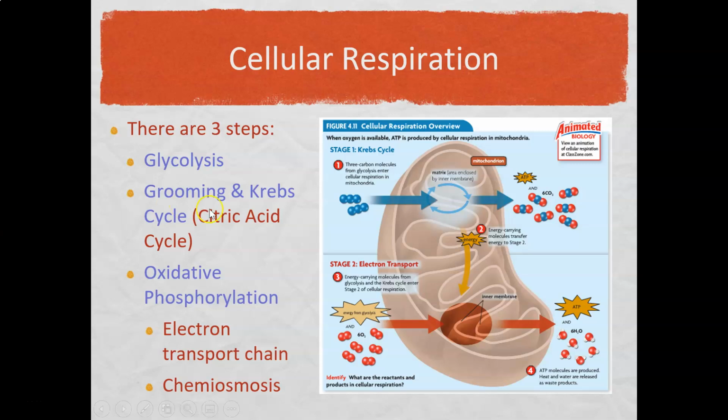of chemical reactions. I do throw here that there are two names for it. Krebs cycle. Krebs is the guy who discovered it, so that's a common name there. You may also come across it as the citric acid cycle. Citric acid is the first molecule that gets produced as that cycle turns as we go through those chemical reactions. So I just throw that in there in case you come across it.